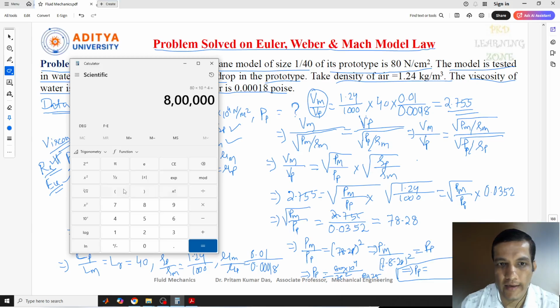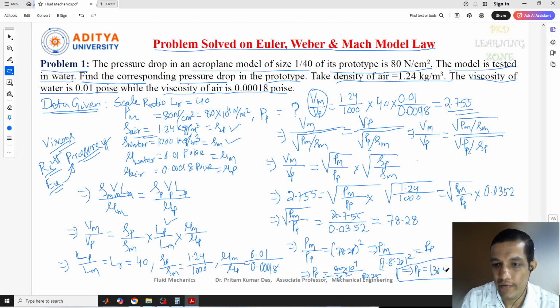So we'll get 8 lakhs divided by bracket of 78.28 bracket close square. So that equals 130.55 we are getting, correct? So this we are getting in terms of Newton per meter square. Let me write, this is 130.55 Newton per meter square.